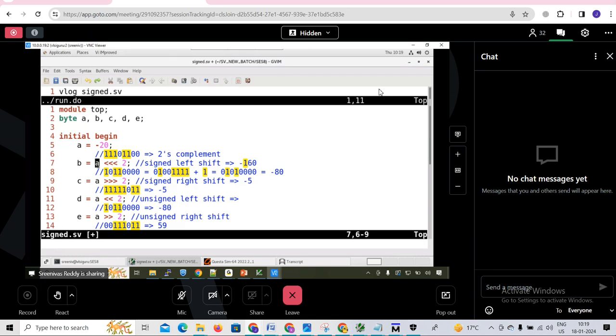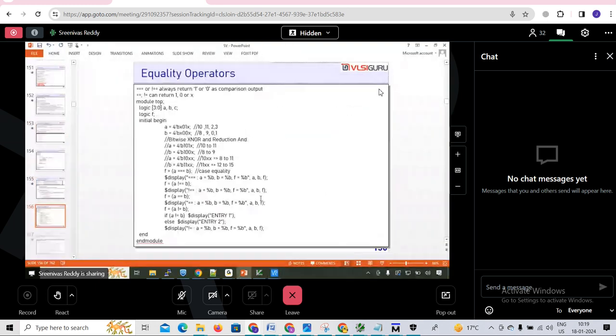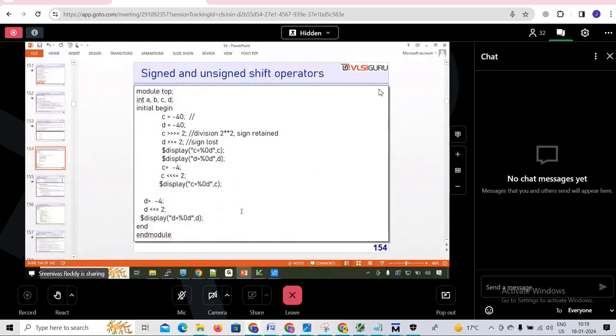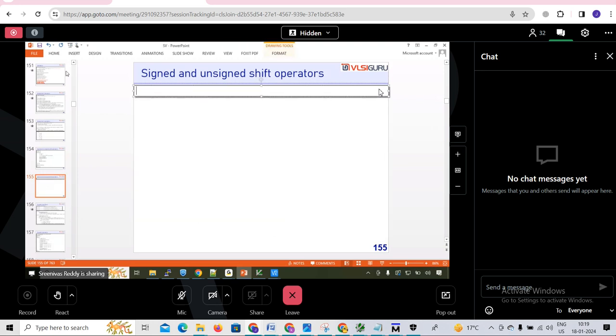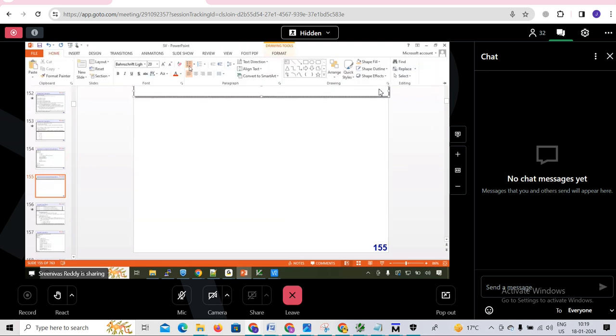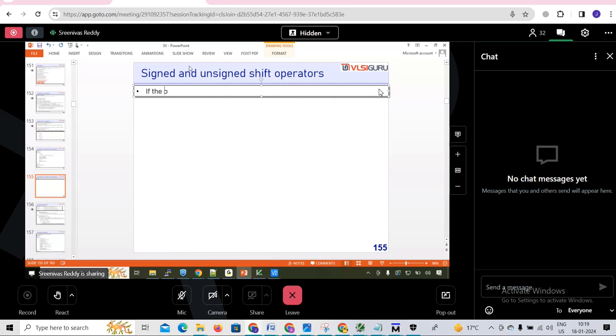But the actual thing is, you should ask questions. So do I have it in my presentation? If the operand is signed data type, then use signed shift operator.